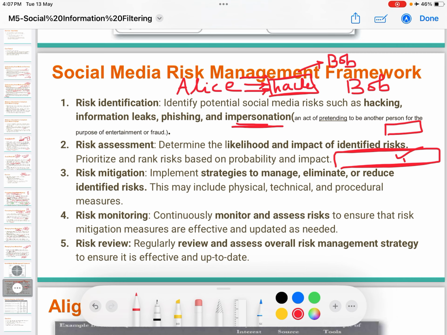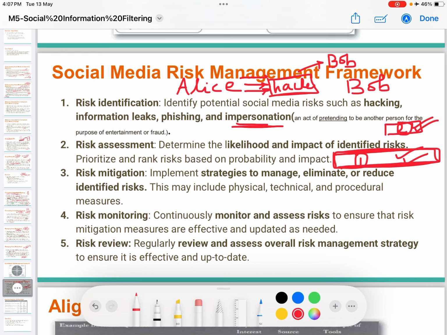So this is a bigger risk compared to a risk where a file is being misplaced, say. That's when this risk will be ranked number 1 in priority, and this will be ranked number 2. So the risk which has a greater impact will be ranked higher in priority and will be solved on an immediate basis.